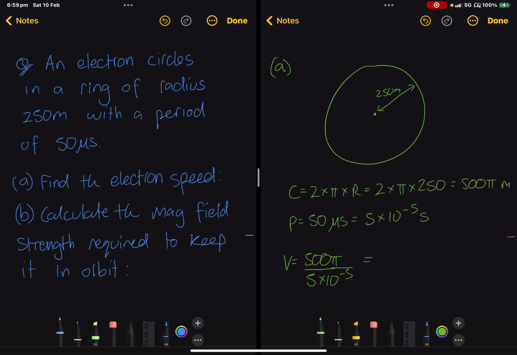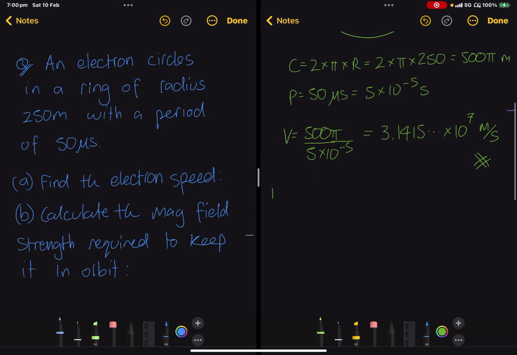So 500 times pi divided by 5 times 10 to the minus 5 is 3.1415... times 10 to the 7 meters per second. So very, very fast. The reason it's so fast is it's a very large circle and its period is incredibly tiny. So it's moving in a huge circle really, really fast. So this is the answer to part A.